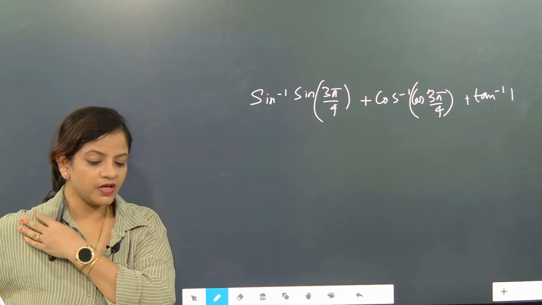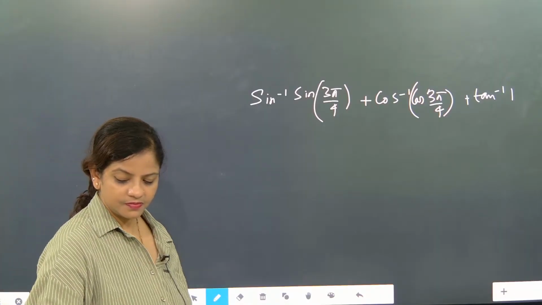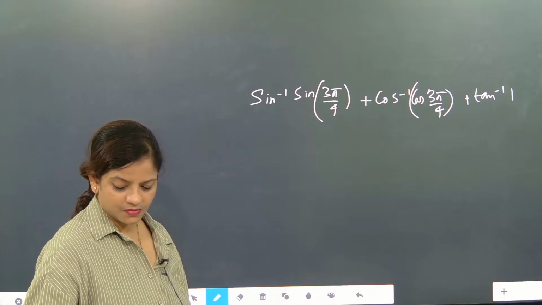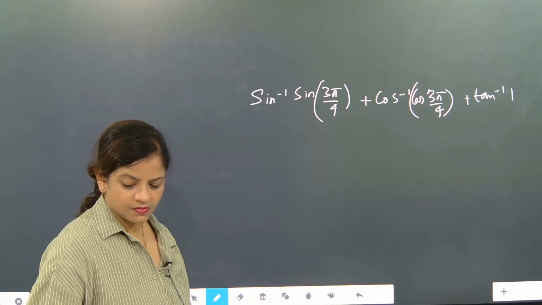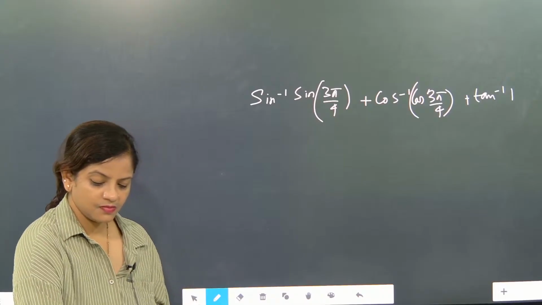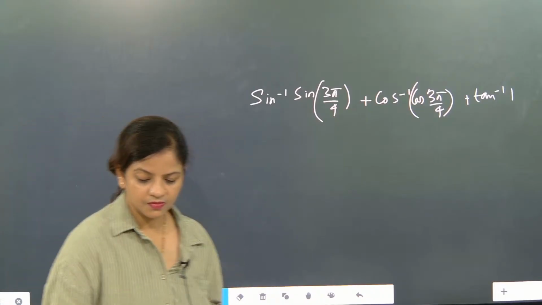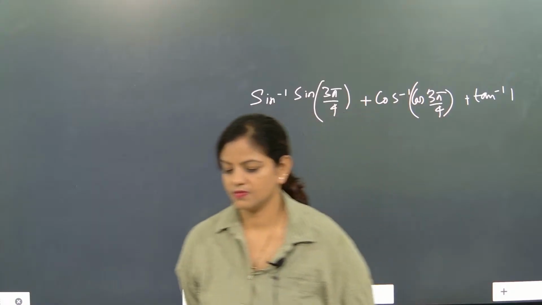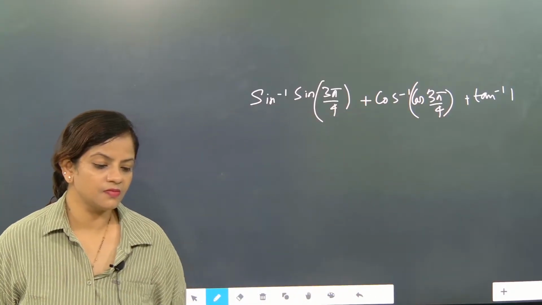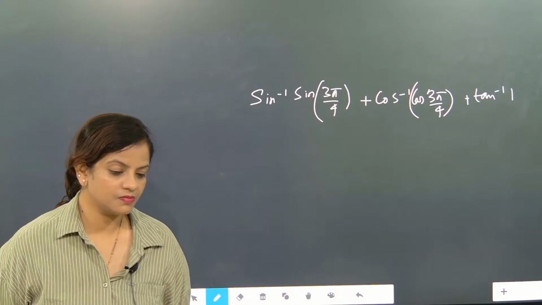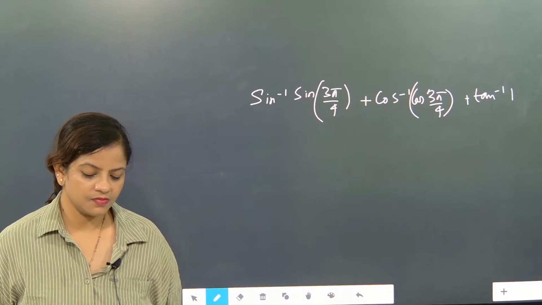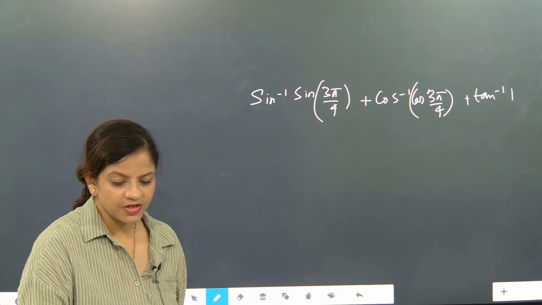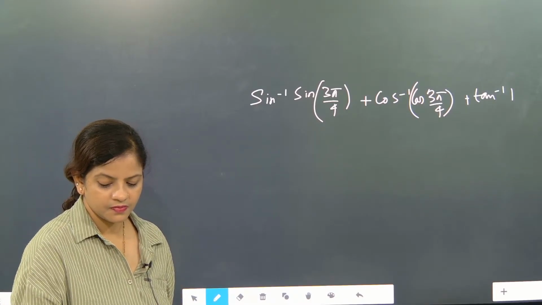We'll convert it into shortest way, then only it will be solved. Beta, what is the answer? 3 pi by 4.